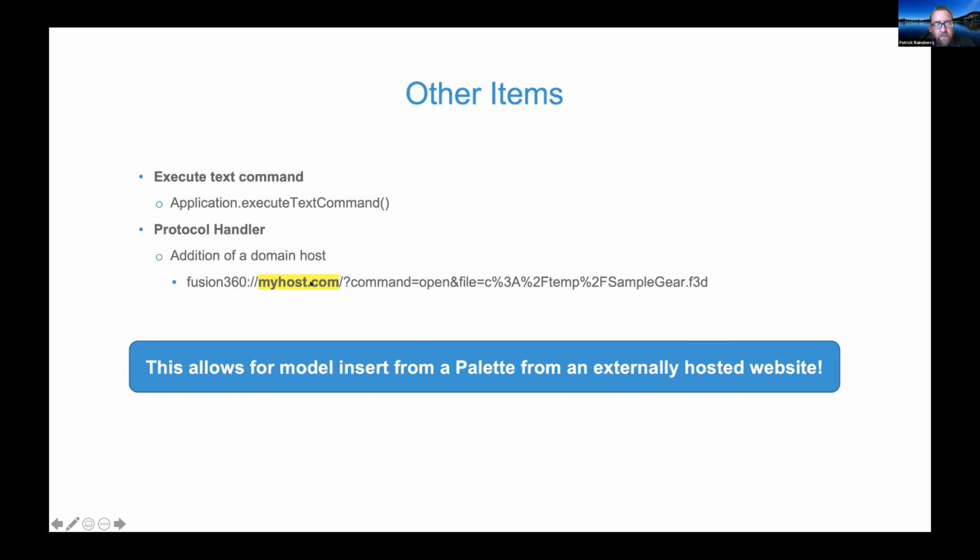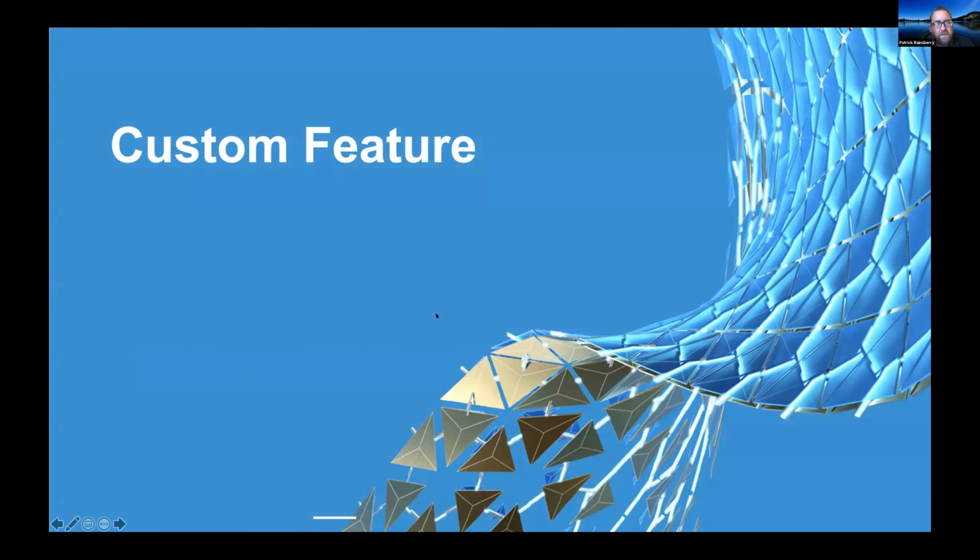Now, it doesn't affect existing ones, but if you add in your domain here, it will not fail, particularly when you're trying to do something like this from within a palette. When you tried that before, there were a lot of weird cross-domain security problems, and this small thing actually opens up a lot of workflows.